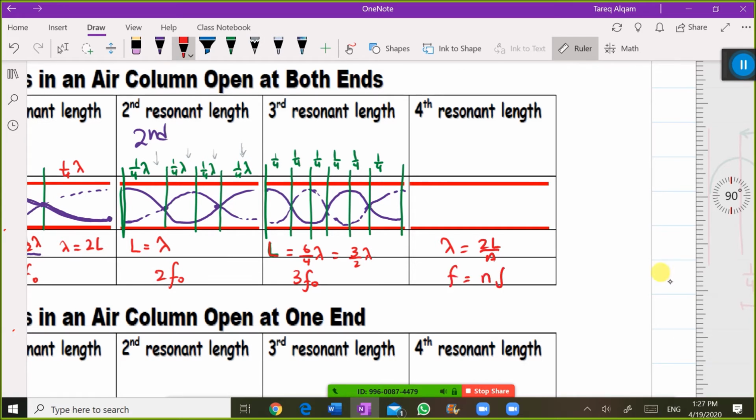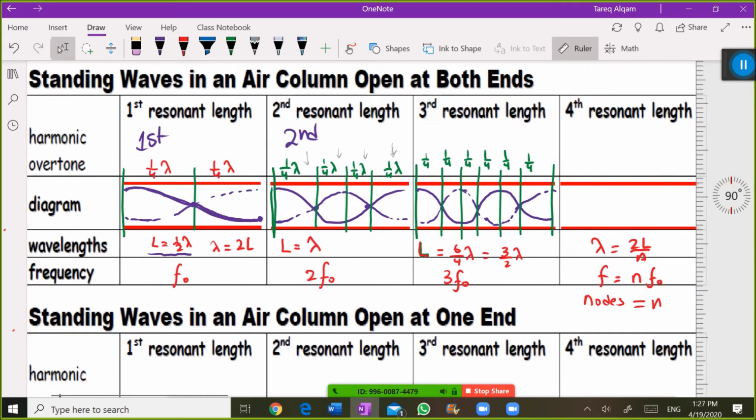This is the pattern we saw. N is the order of the harmonic, and the number of nodes equals N. So if I have 1 harmonic I have 1 node, 2 harmonics 2 nodes, 3 harmonics 3 nodes, and so on.